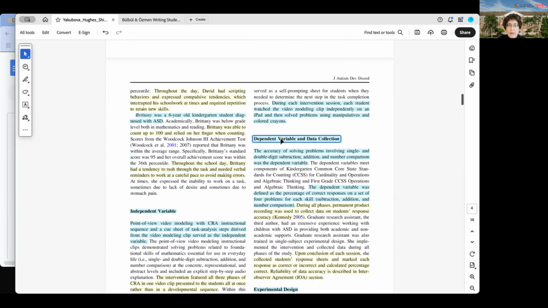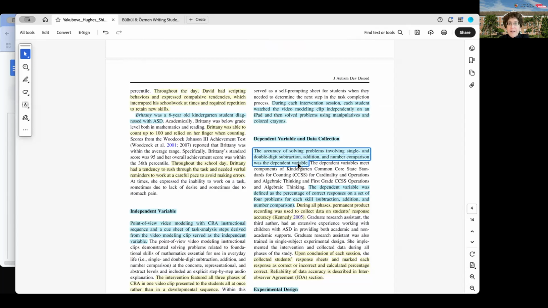And then the next section is the dependent variable and the data collection. Let me talk a little bit more about that now. So what was relevant here is to score the accuracy of solving problems involving single and double-digit subtraction, addition, and number comparison.